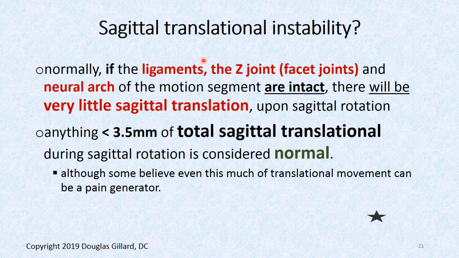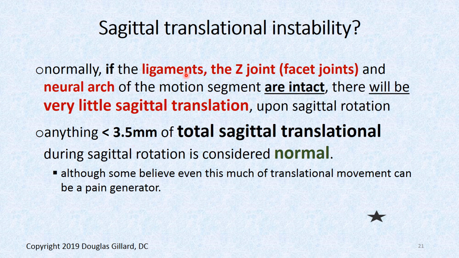What about sagittal translational instability? So normally when you bend forward, the bone wants to slide forward as well. Normally that doesn't happen, does it? It might happen a tiny bit, but it should never happen more than 3.5 millimeters.